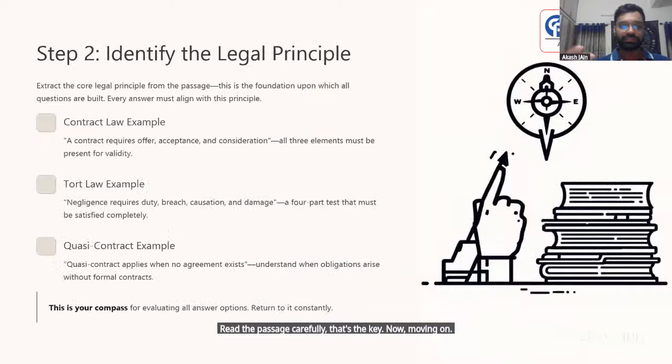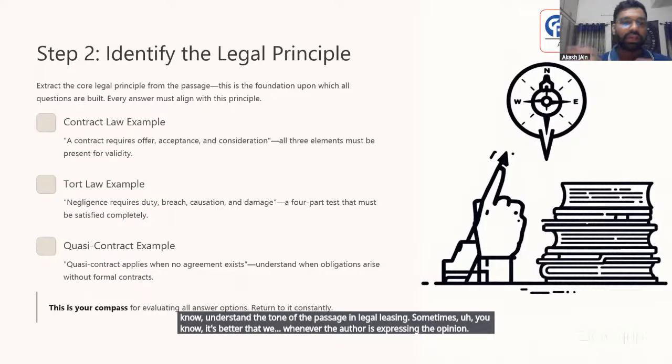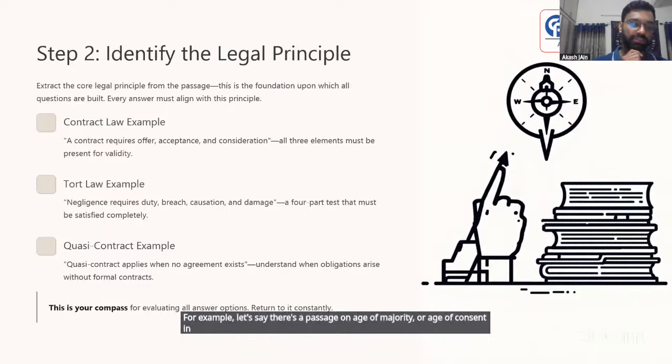Identifying the legal principle. Now, Sachin, there's no need to understand the tone of the passage in legal reasoning. Sometimes it's better when the author is expressing an opinion. For example, let's say there's a passage on age of majority or age of consent based on POCSO.